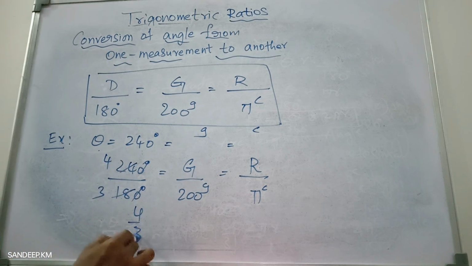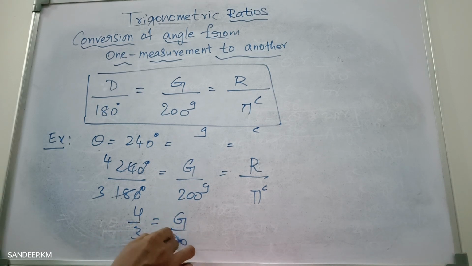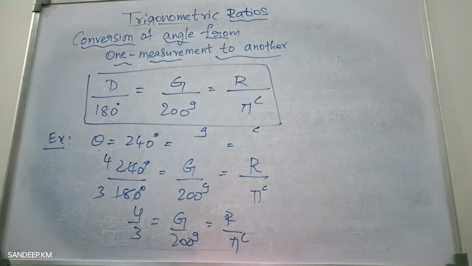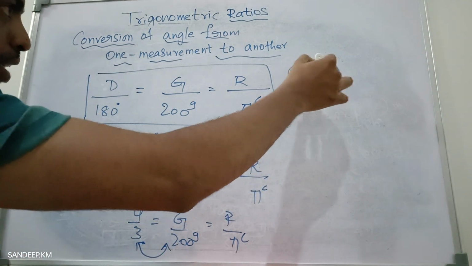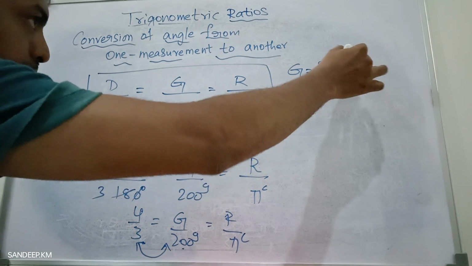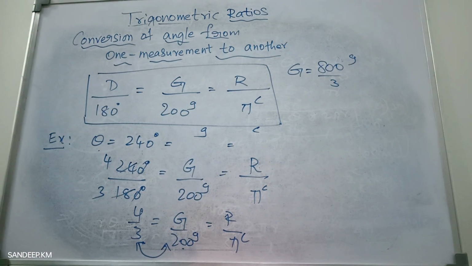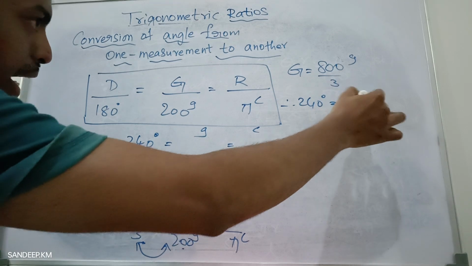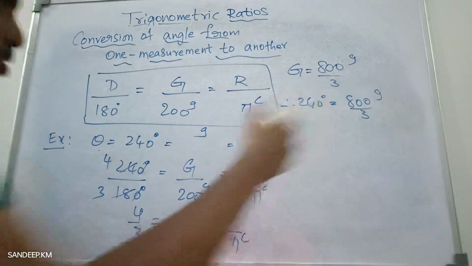So 4 by 3 is equal to g by 200 and r by pi radians. If you equate these two and cross multiply, you'll get g is equal to 200 fours are 800 divided by 3 grades. So therefore we can say that 240 degrees is equal to 800 by 3 grades.